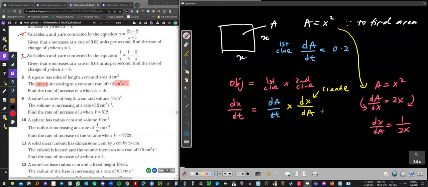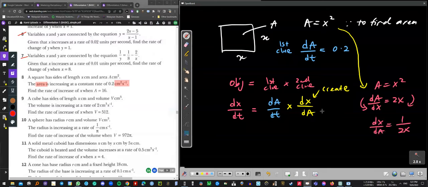Okay. Now, so kita boleh masukkan dekat dalam numbers ni. So dA/dt kita dapat 0.2 darab dengan dx over dA is just 1 over 2x. Tak boleh siap lagi ni. Kenapa tak boleh siap lagi? Sebab by right dia akan jadi numbers kan. So perasan tak, ada yang pending ni.